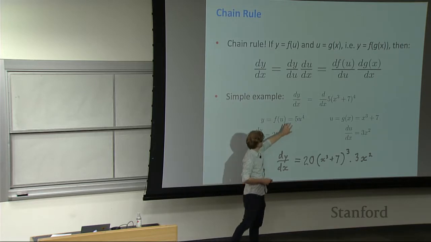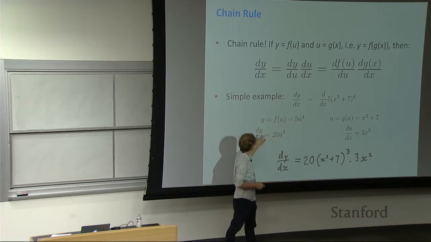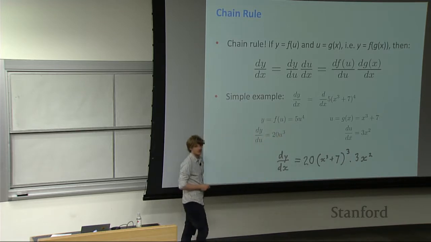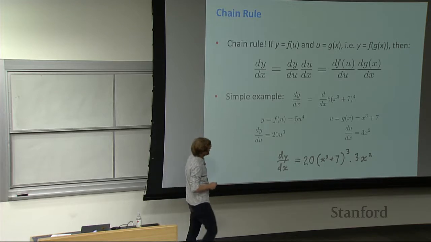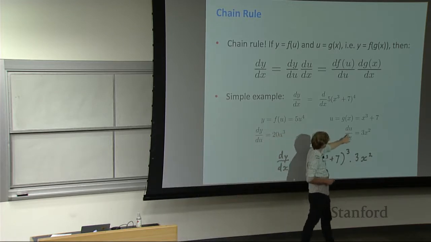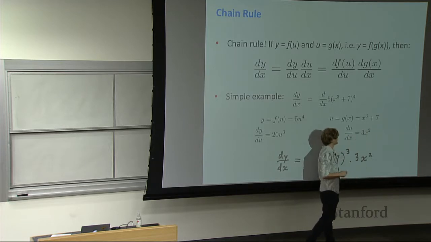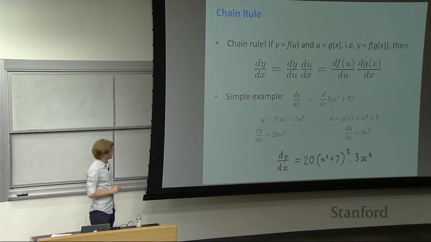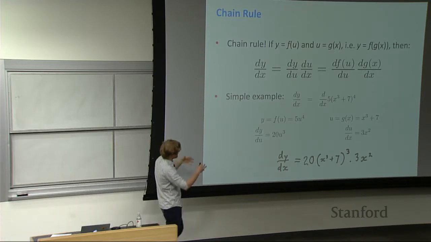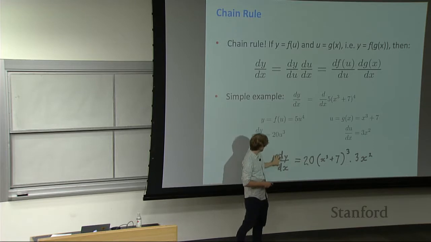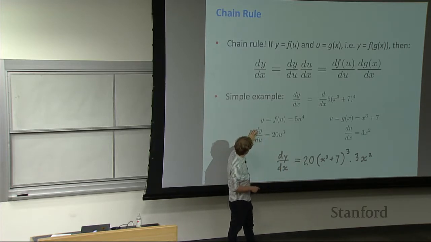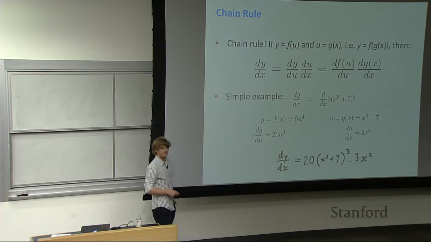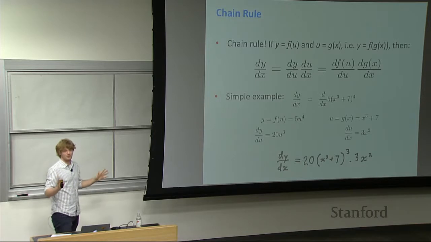Now we can take the derivative of this function f of u with respect to u, which is just 20 times u to the 3. And with this definition of u, we can also take the derivative with respect to x, which is just 3 times x squared. All right, so far, so basic high school. And now we just put these two together, and we can define dy dx as dy du times du dx. And that will basically be this. Okay, so that's super simple standard chain rule.